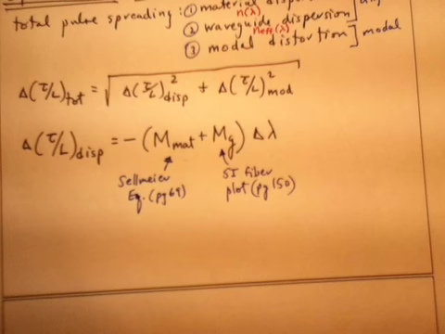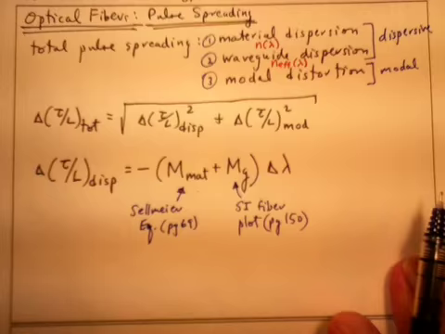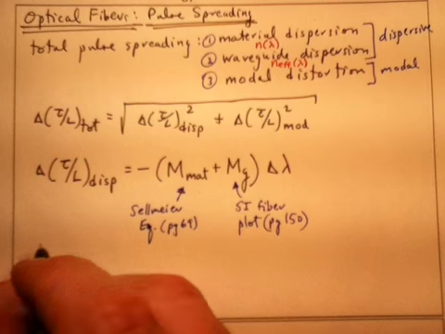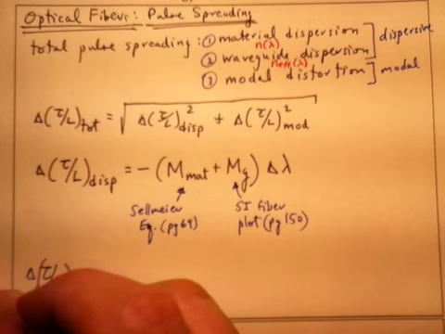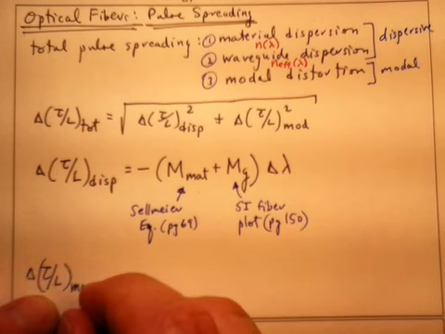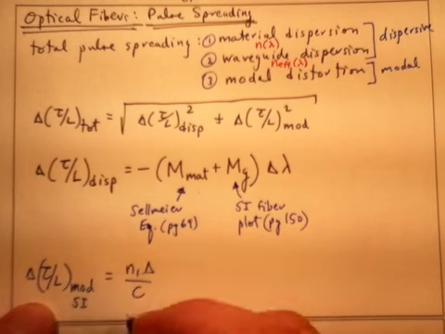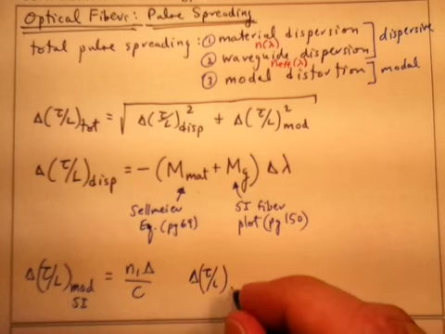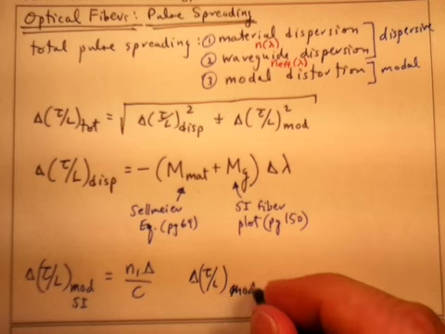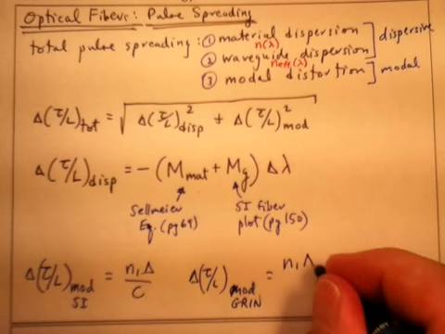Okay, a couple of equations that we can write down to further this picture and to give you the total picture is that delta tau by L modal for step index fibers, well, we've already seen this equation, is N1 delta over C, and that delta tau by L modal for GRIN fibers is N1 delta squared over 2C.